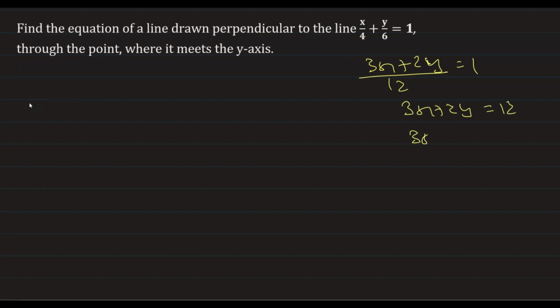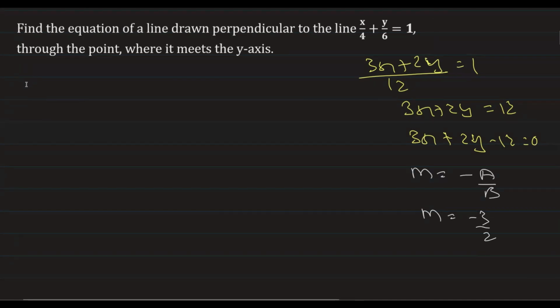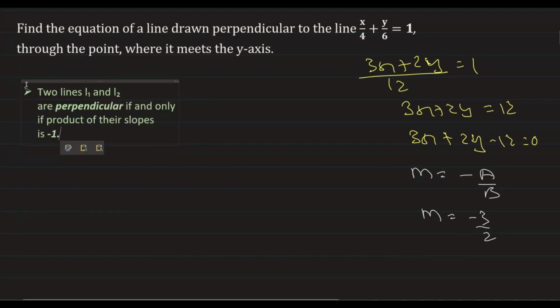Further, I can write this as 3x plus 2y minus 12 equals 0. Now, using the relation that the slope of this line is minus a over b, I can say the slope is minus 3 over 2. Now, what do you know when two lines are perpendicular?